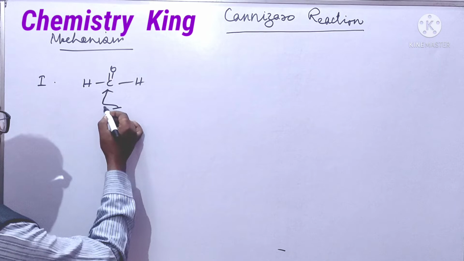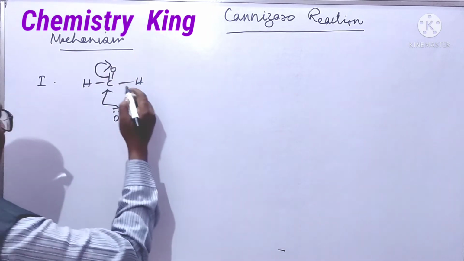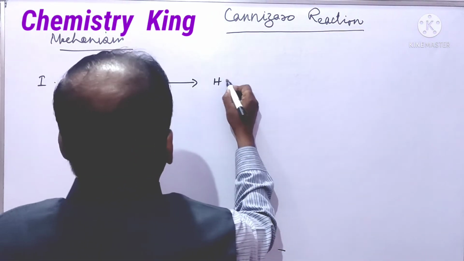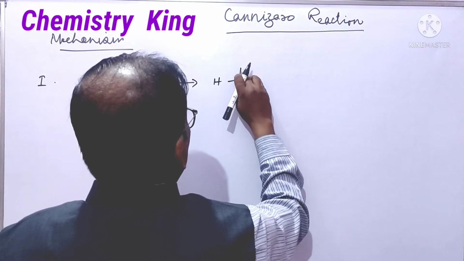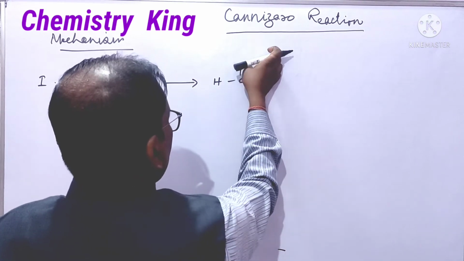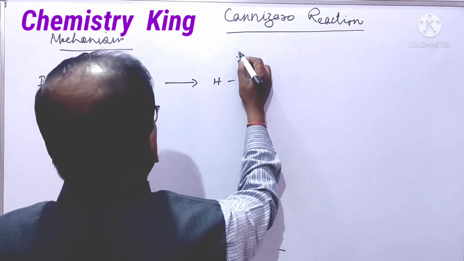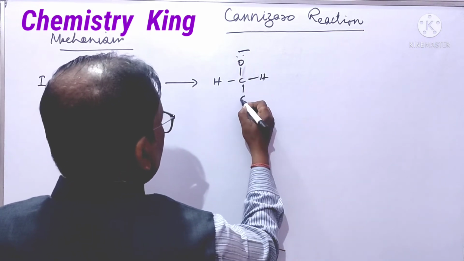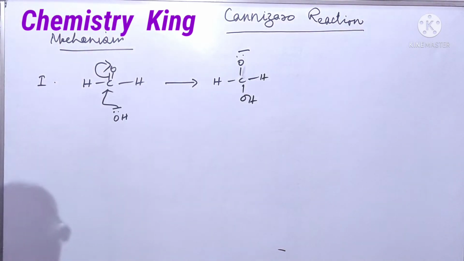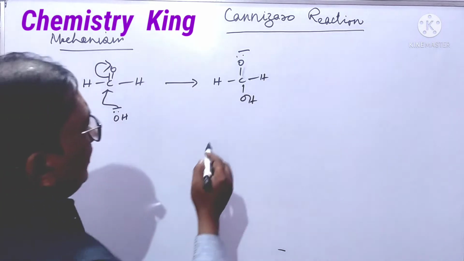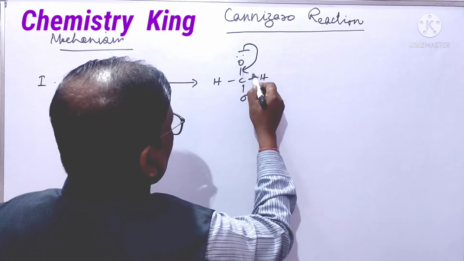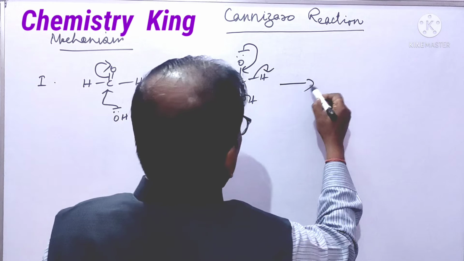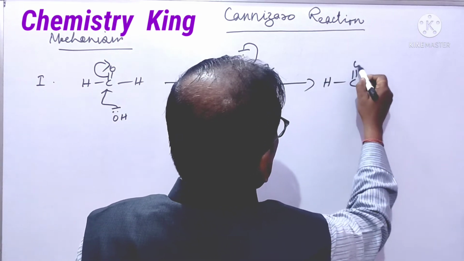So when it attacks here, this bond will break in this fashion, leading to this C, O minus, and OH. When it comes here, this hydride ion, it is formic acid.